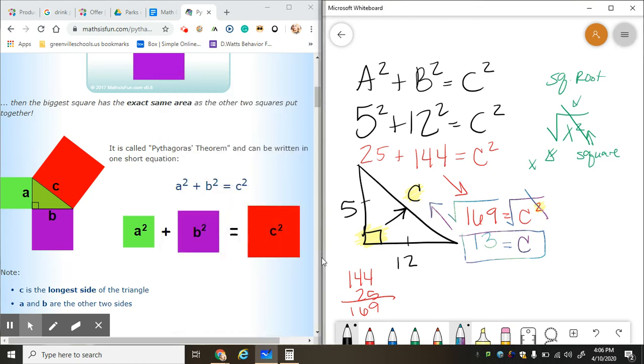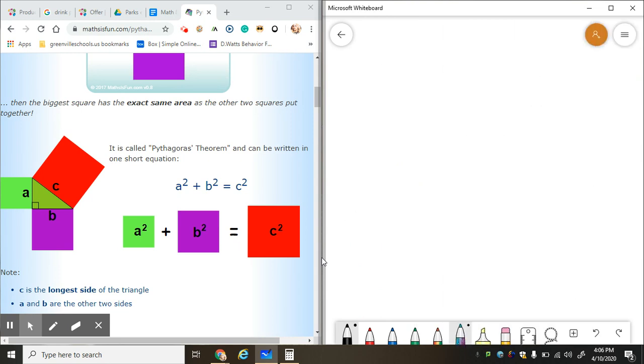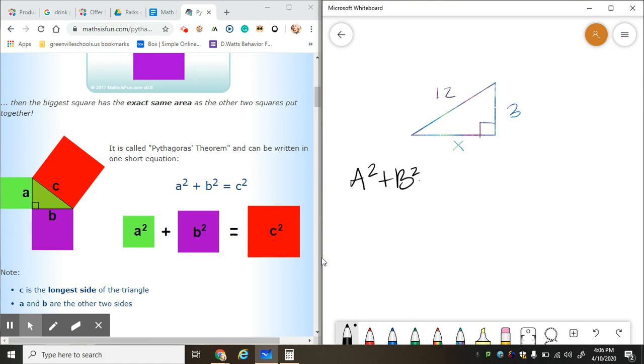Another type of question that you might run across is where you have the C, let's say this is 12, let's say this is 3, and let's say we don't know what that is, and they give you X. We're still using the same theorem, but we've already been given our C. So instead, we're going to say we don't know what A is.